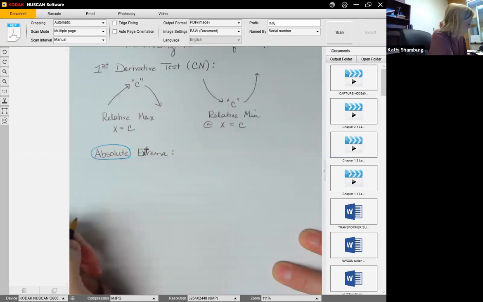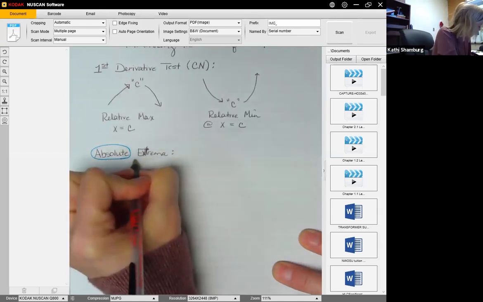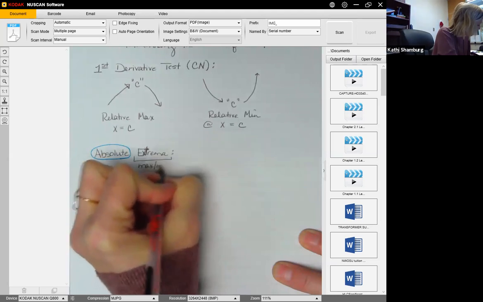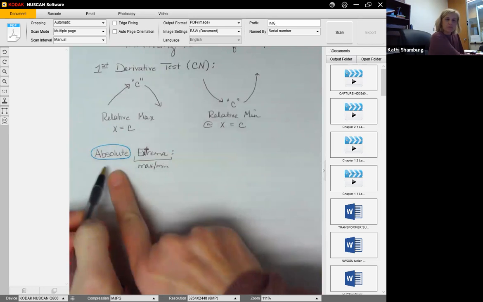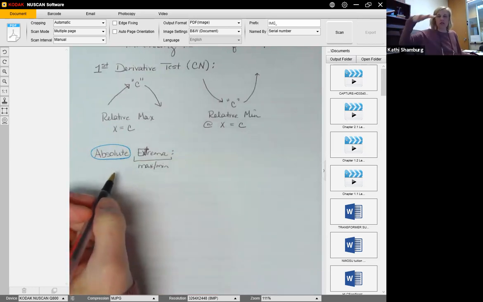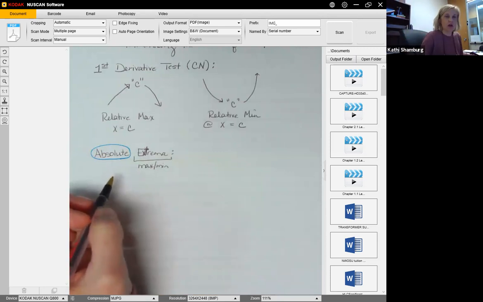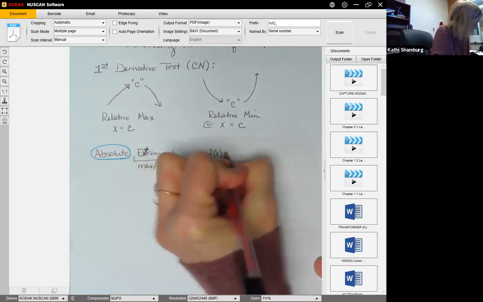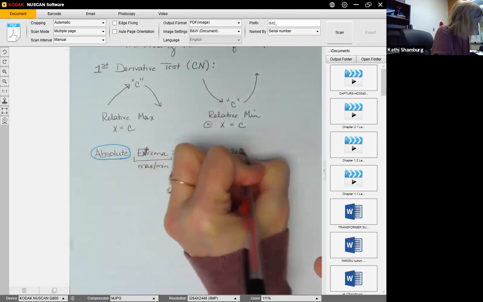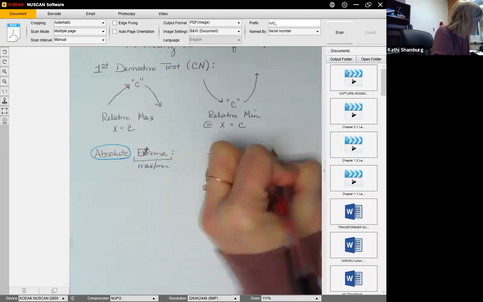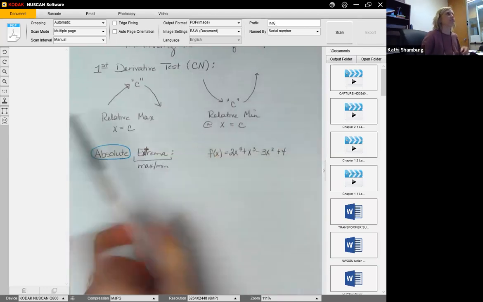Now, this is still a minimum and a maximum. So because of extrema, we're still talking about maximum and minimum. But now because it's absolute, we want the very highest number or largest and the very smallest, the greatest number, the least number, which gives us our absolute. Now I'm going to go over to Desmos and show you this function, 2x to the fourth plus x cubed minus 3x squared plus 4.